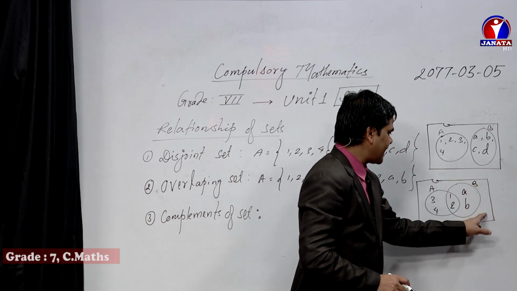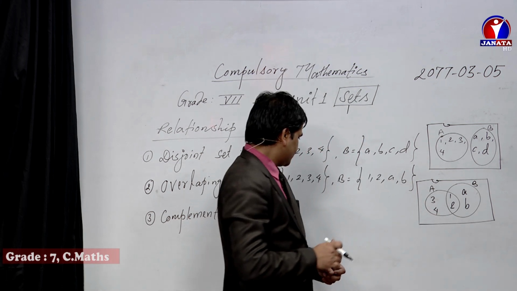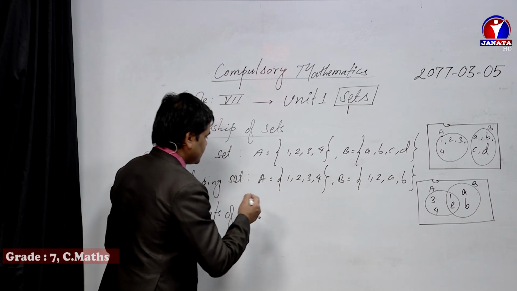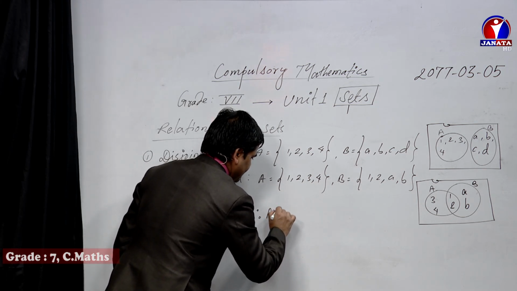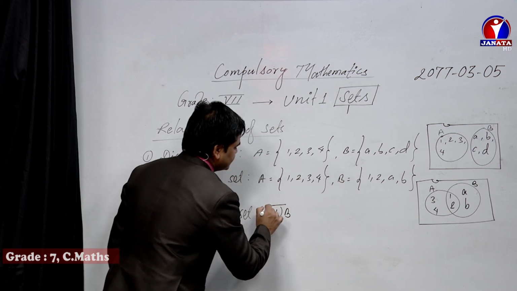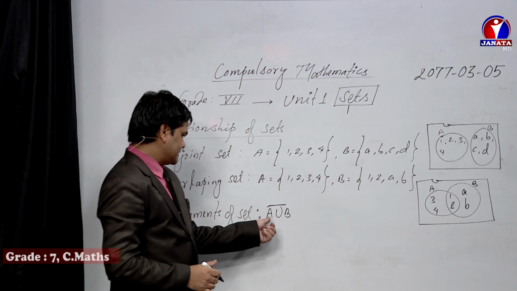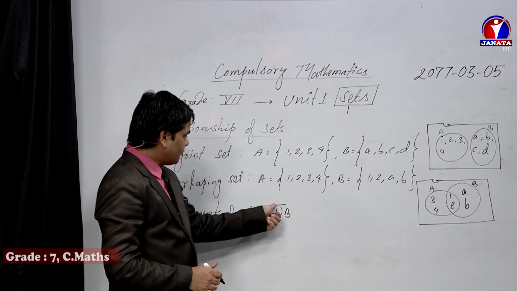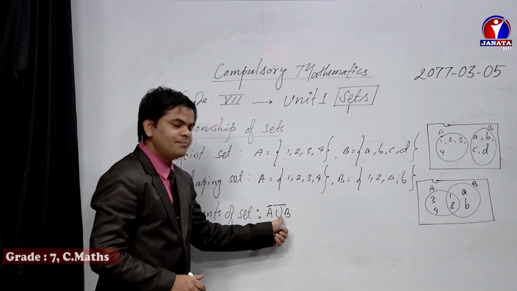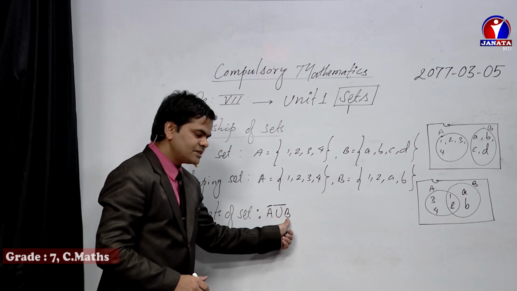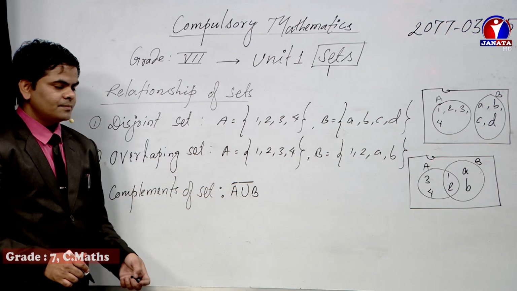That means you can write those elements outside of both circles. So for complement of set, while writing we use (A union B) complement. This bar represents the complement. That means (A union B) complement means except the area of A or B circle, the remaining area is represented by complement of set.